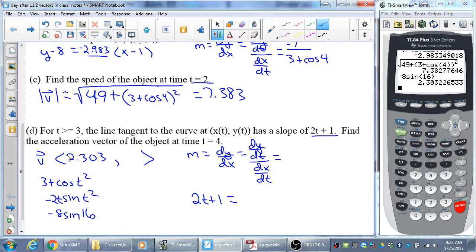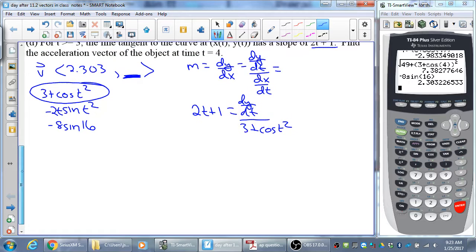We're trying to find dy/dt, this piece right here, and that's going to be over the derivative of x, 3 plus cosine of t squared.